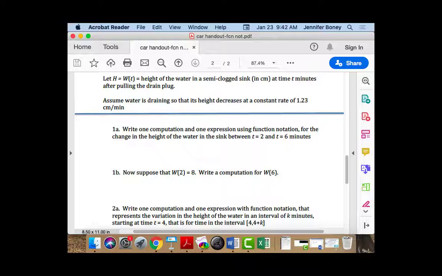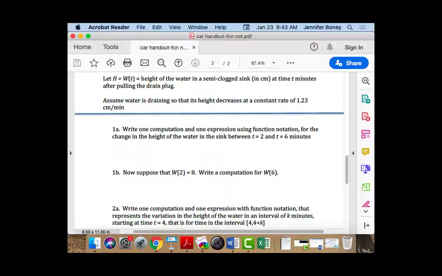So not thinking function notation, just what we were doing last time. Oh, I need a dy. I don't know the initial and final height. I could express those with function notation, and so I could do that. Or I know that it's 4 minutes gone by, constant rate of 1.23 centimeters per minute.